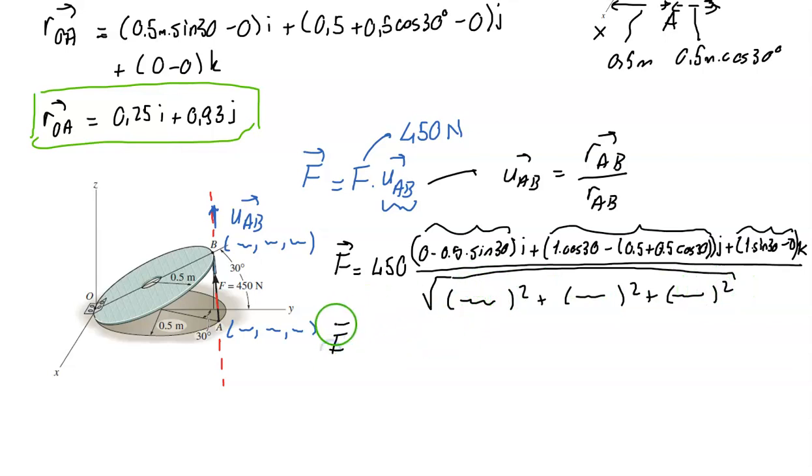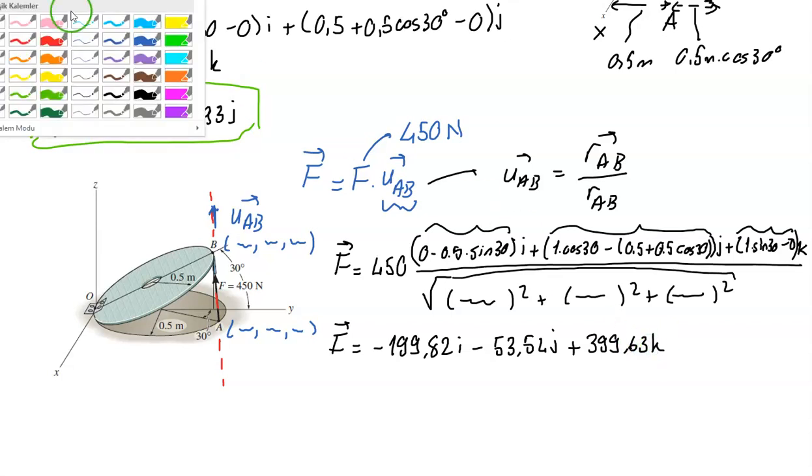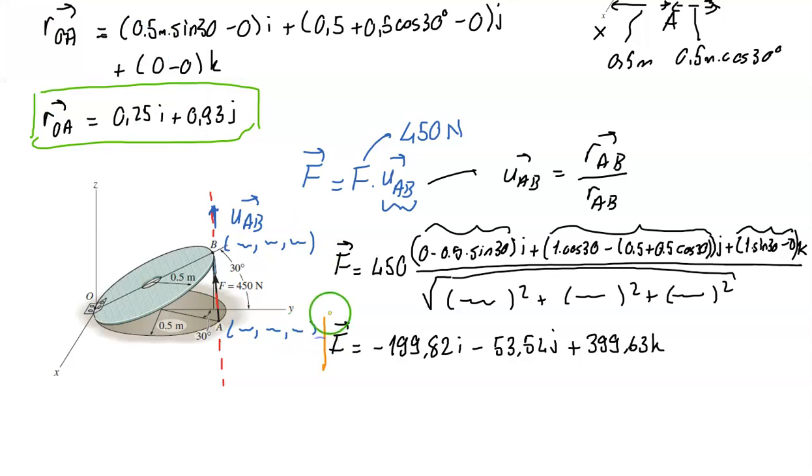So I end up with this force vector here, which is minus 199.82 I minus 53.54 J plus 399.63 K. So that's my force vector here.